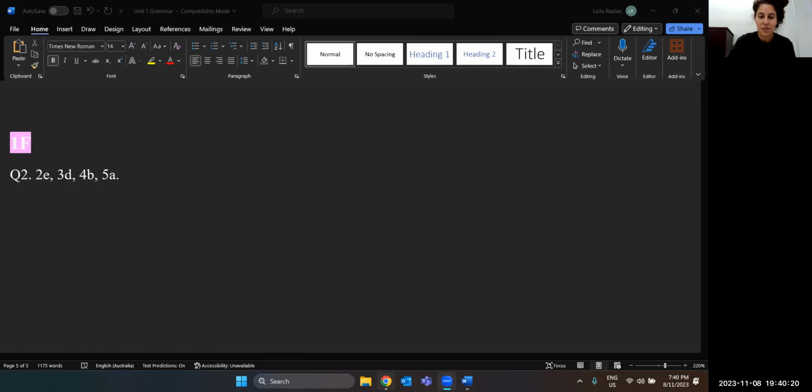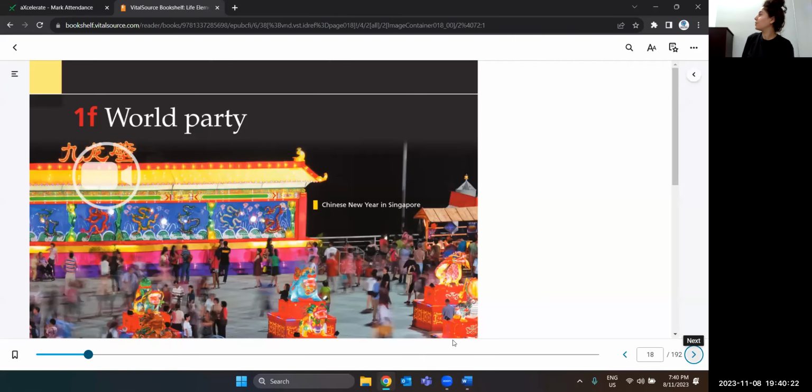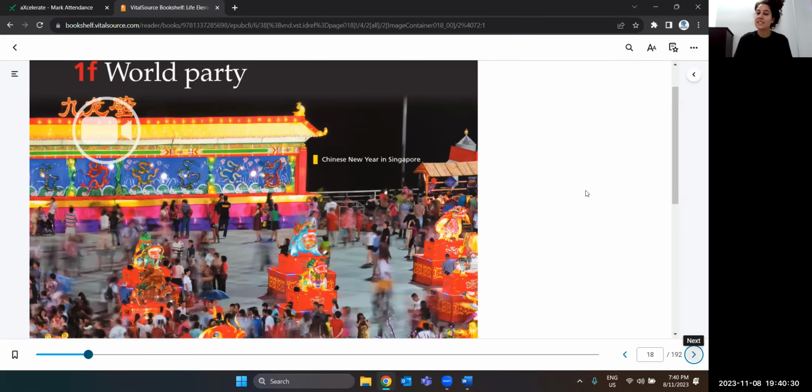Okay, so let's have a look at the next section of our textbook. So we are looking at a world party. It says here Chinese New Year in Singapore.